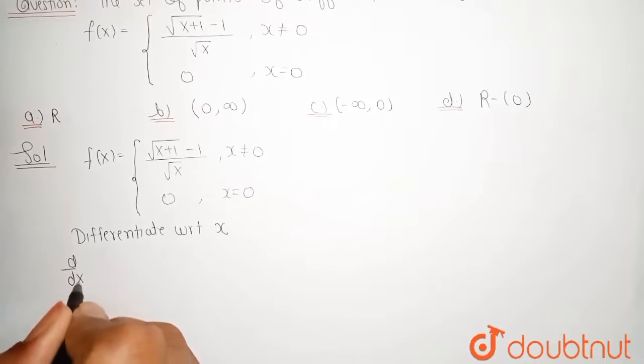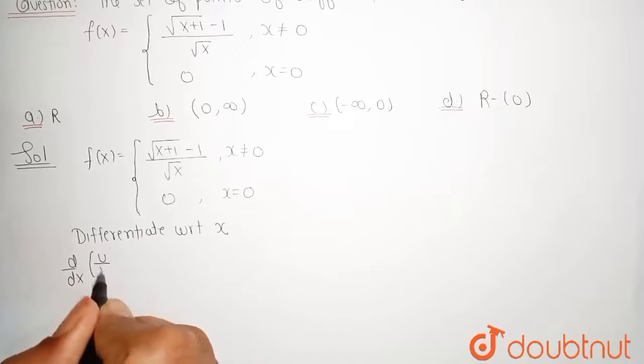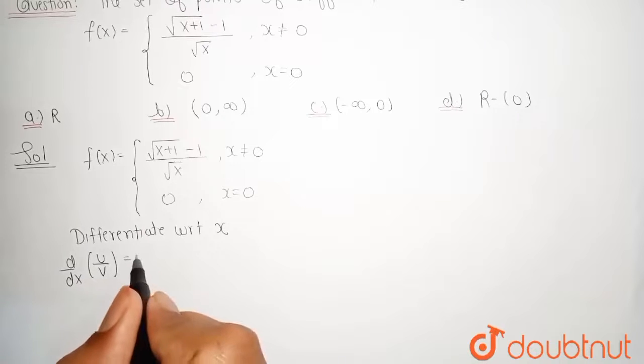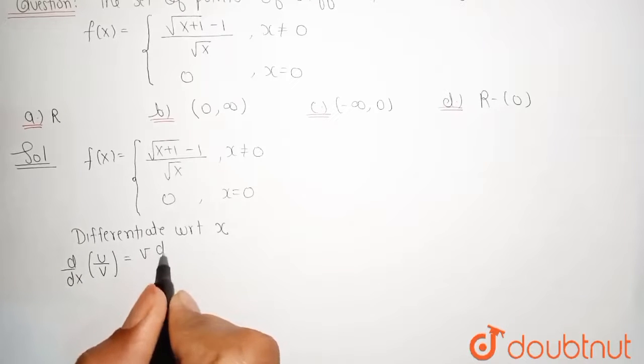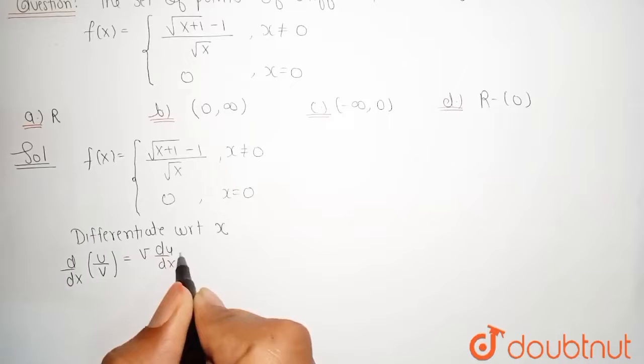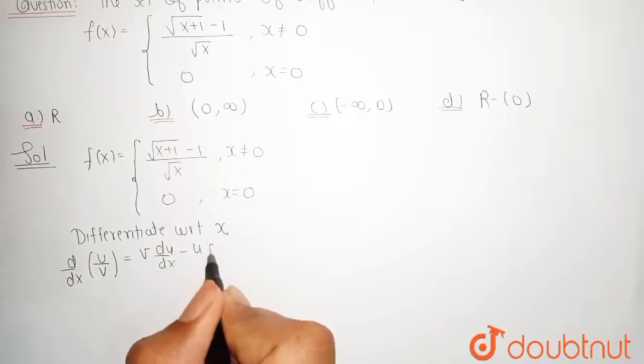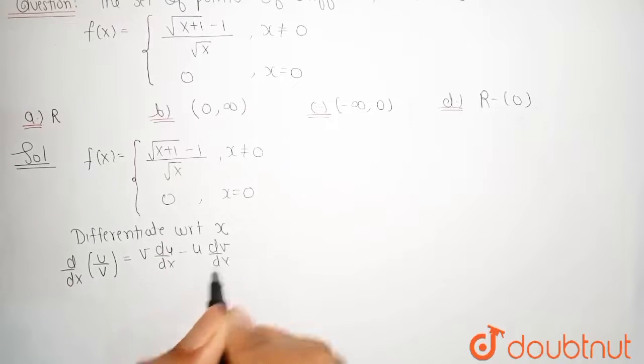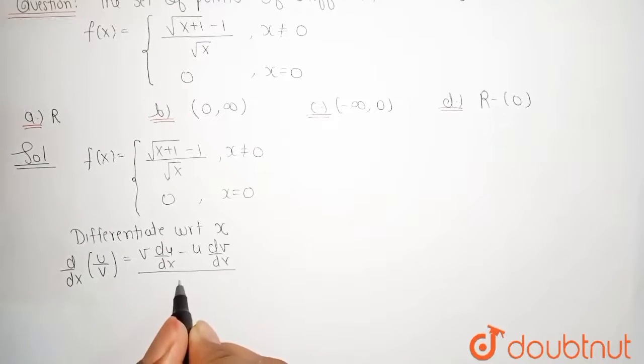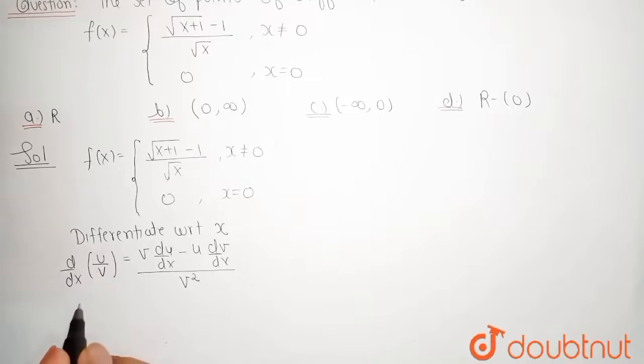What is the quotient rule? d by dx of a rational function is equal to: leave the denominator as it is and differentiate the numerator, minus leave the numerator as it is and differentiate the denominator, and the whole term is divided by the square of the denominator.